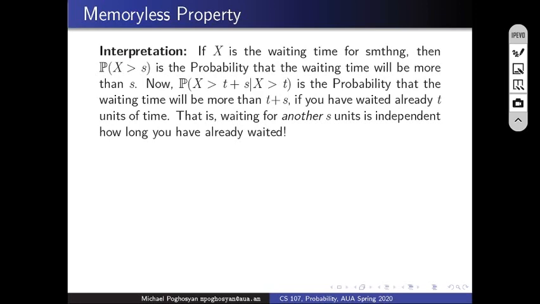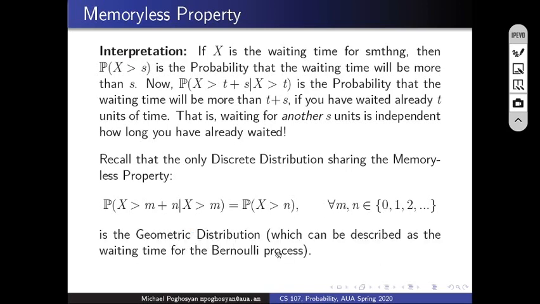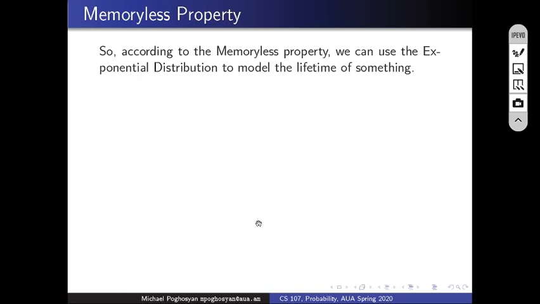So that is not changing that probability. Recall that the only discrete distribution sharing that memoryless property, this is the discrete version with m and n running from 0 to plus infinity, is the geometric distribution. And the geometric distribution was the waiting time for the Bernoulli process, Bernoulli events.